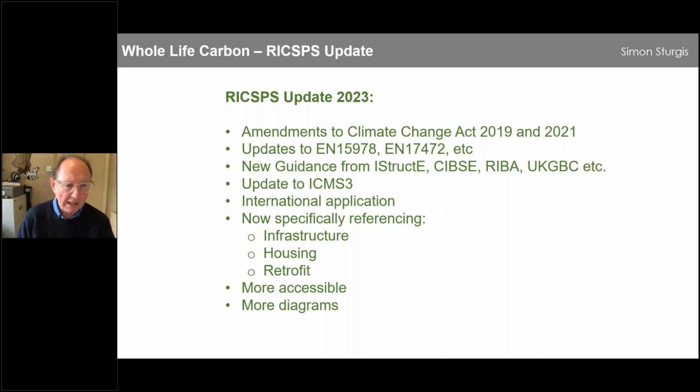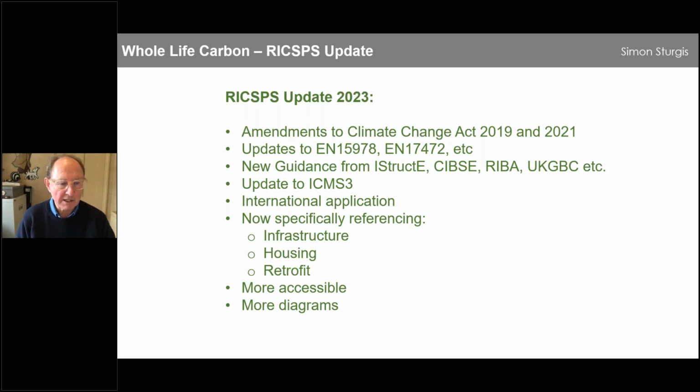So now, the key issues that we've tried to address in the 2023 update. In the UK, we've had the Climate Change Act changes, which are the 2019 and 2021 ones. There were new legislative requirements, and I think a lot of that was mirrored internationally with net zero and the various COPs. So although it tends to be UK orientated, I'll try and keep it as international as possible.